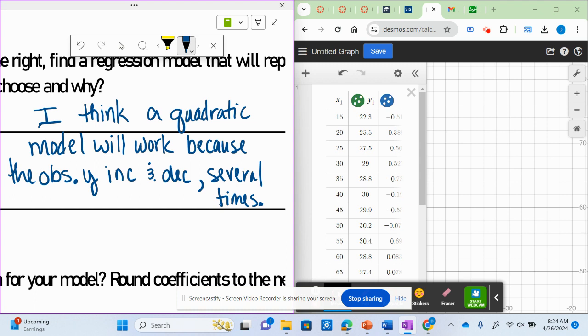So that was my choice because that's the only kind of model that we've used that shows a change, right? So I'm like, okay, well, let's just try it, see what happens.